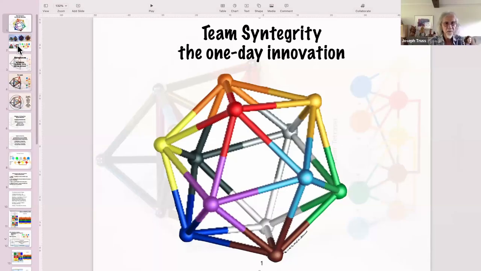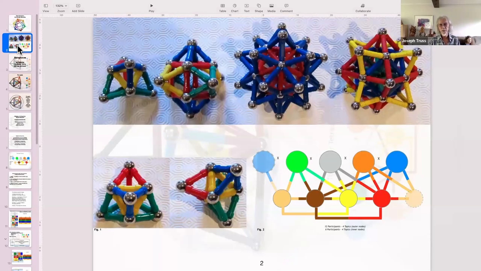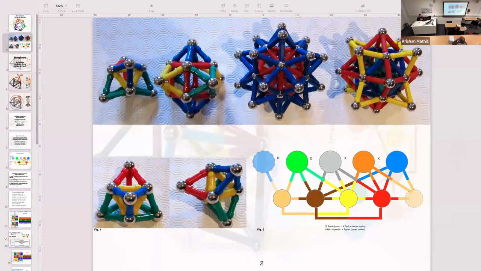So this is the next development that we came upon. Now we can see your slides a lot clearer.